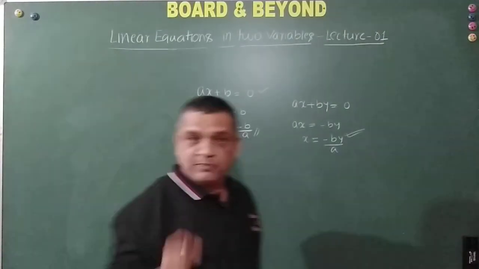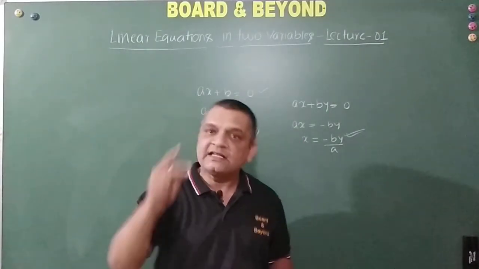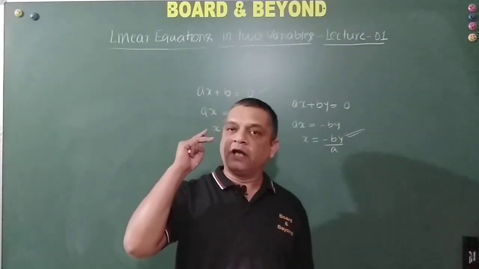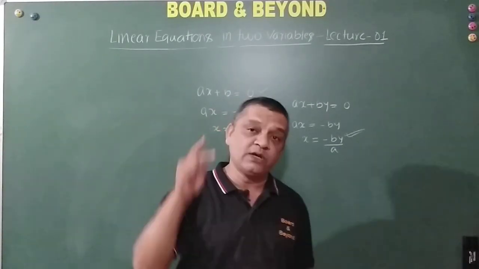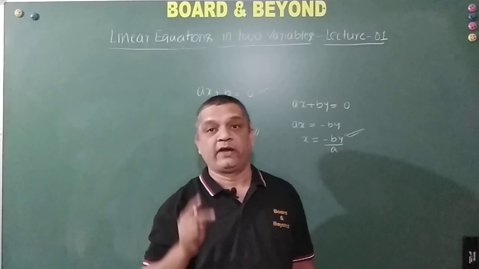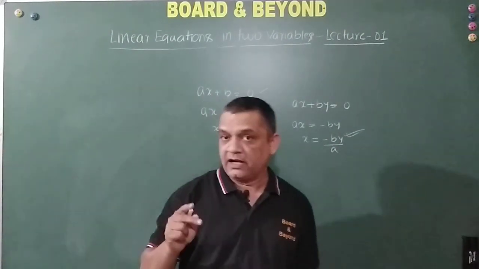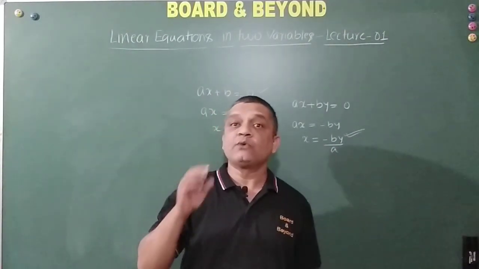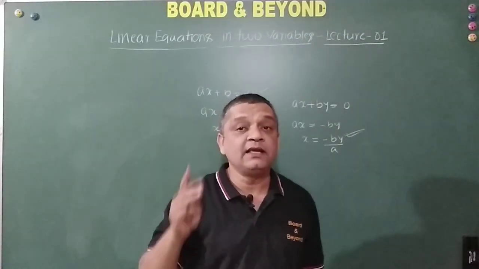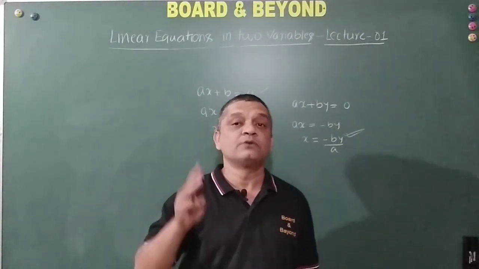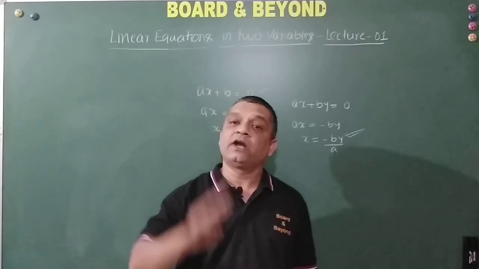Okay. So this means that for a system of linear equations, that is for a pair of linear equations, I must have at least two equations to solve for x and y. Okay. Similarly, if I have a linear equation in three variables, then I must have at least three linear equations to solve for the values of x, y and z, so on and so forth.